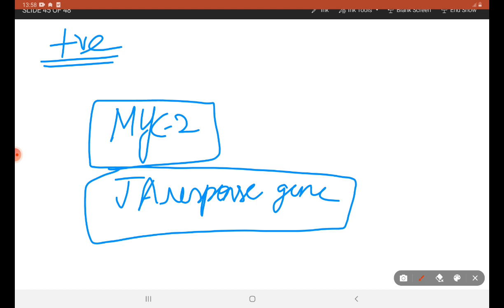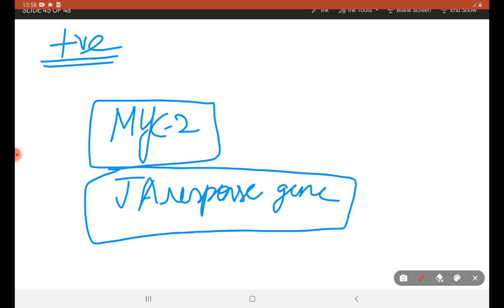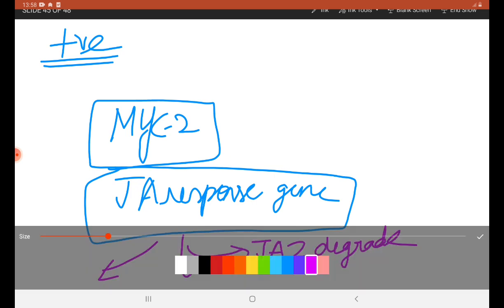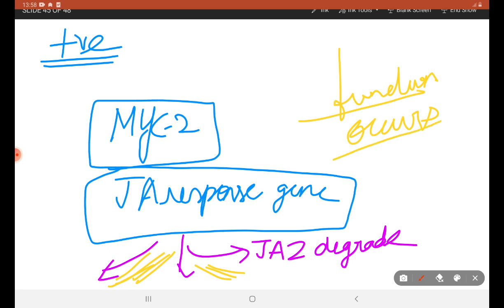When jasmonic acid is present, JAZ will degrade. So JAZ will degrade and many functions will occur: transcription, translation, whatever function occurs. This is the signaling system of jasmonic acid.